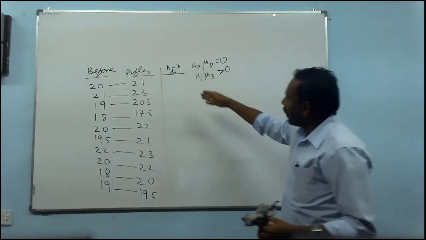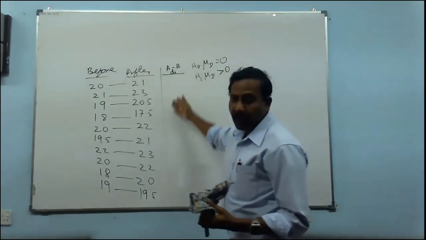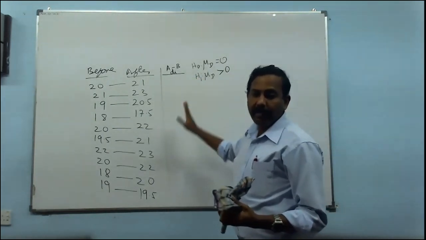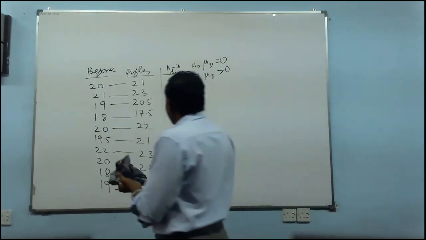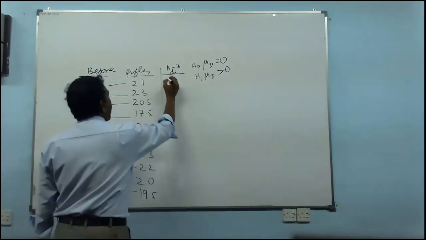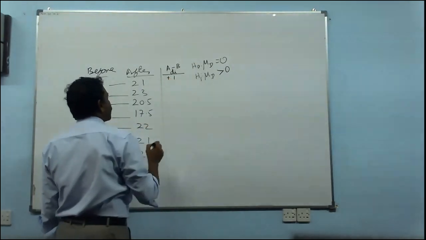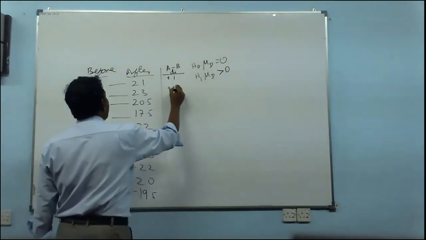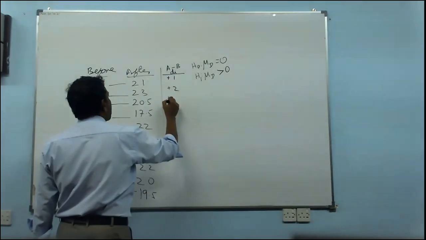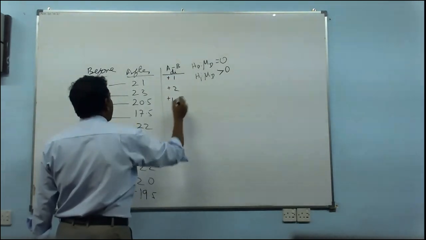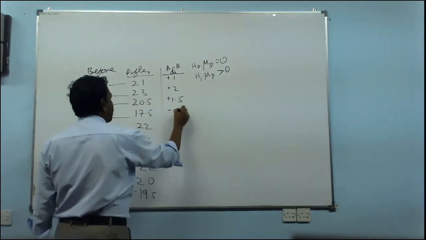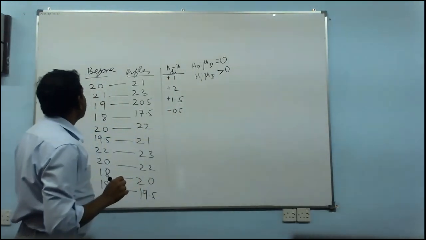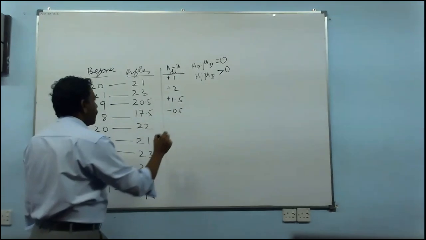Can you take all the values here? We have to take all the values, positive and negative, separately. I mean, indicate it. So what is the first value? +1. Second value, +2. Third value, +1.5. Fourth value, -0.5. Right?